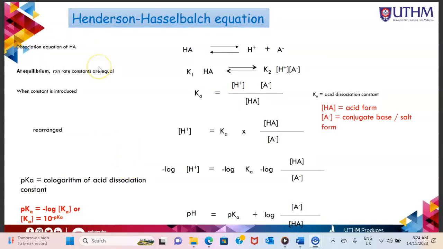Right, the Henderson-Hasselbalch equation: the dissociation of this acid form gives you these two ions, and we have the equation at this equilibrium where we can have this constant, and when the constant is introduced, we have this Ka, and rearranging it, hence we will have this pKa, which is the negative logarithm of the acid dissociation constant. pH is pKa plus the log of the conjugate base ion divided by the acid form.